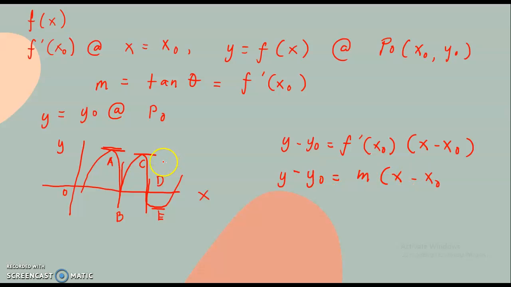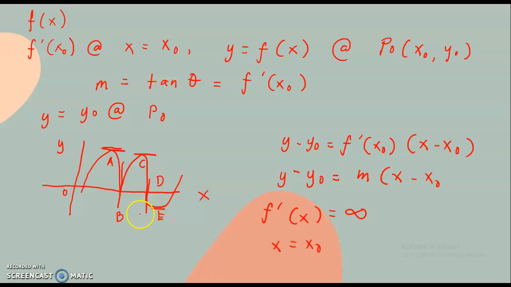If f of x is continuous at x equal to x sub 0, but the limit of f prime of x is infinity, the curve has a vertical tangent of equation x equals x sub 0, as at B and D.